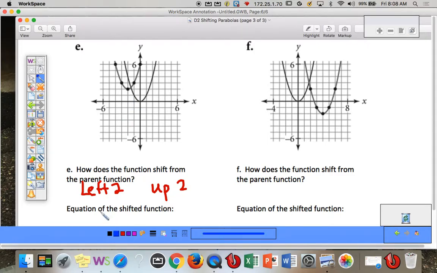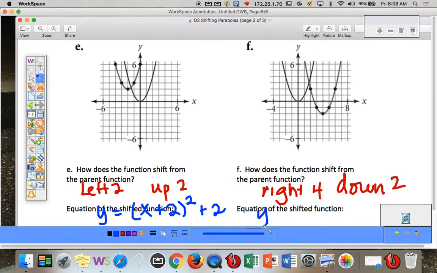So like my equation, left 2 will be x plus 2 squared, and the up 2 would be plus 2. And the last one, this one from 0, 0 goes 1, 2, 3, 4, right 4, and down 2.